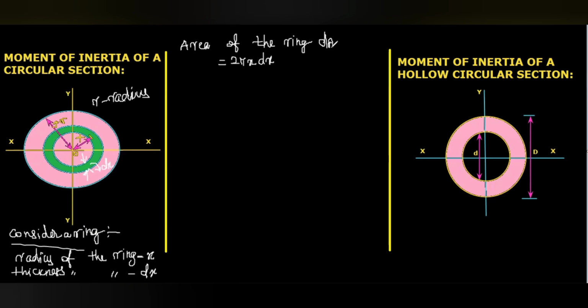Okay, this is dA. Then we know the moment of inertia with respect to the ZZ axis, which passes through the center of gravity perpendicular to the plane of the circular lamina. Okay, that means only for the ring. This is the moment of inertia of the ring.